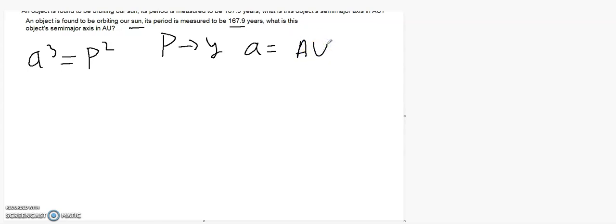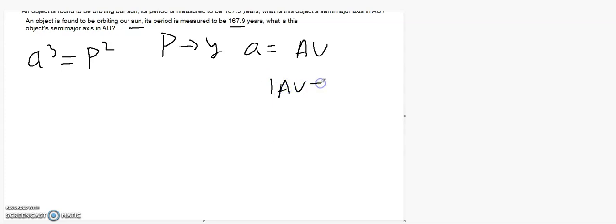We kind of talked about that before. If you wanted to convert AU to some convenient unit, we're not doing that here, we're just finding the answer in AUs, but the conversion goes like this: 1 AU.